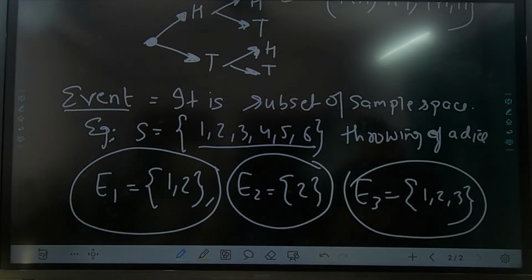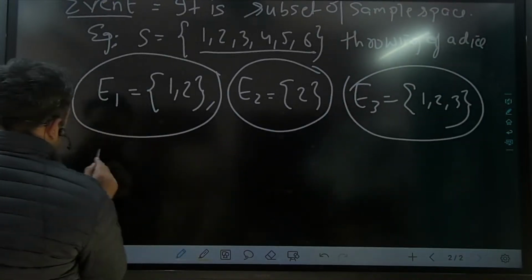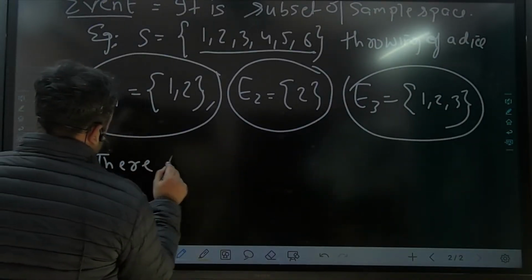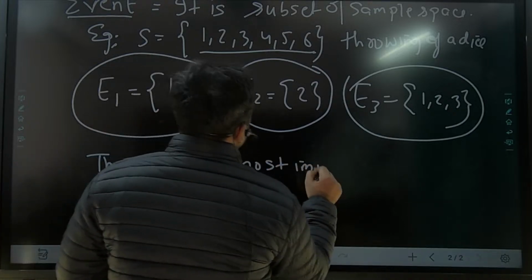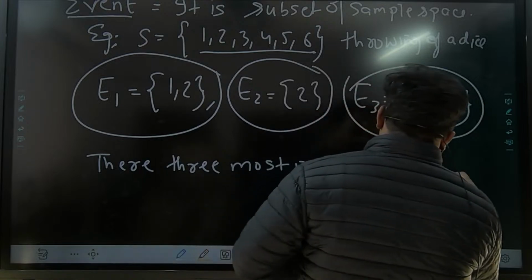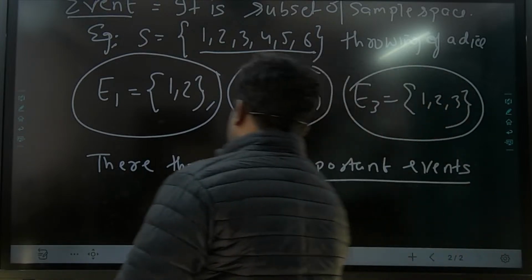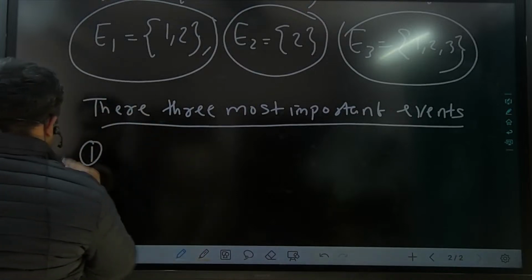Now there are 3 most important events. First is equally likely events.